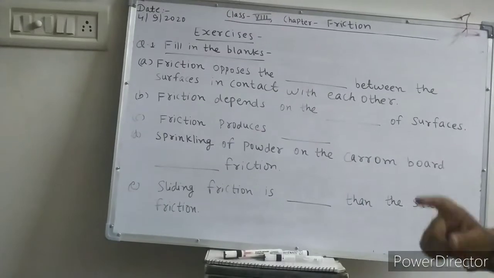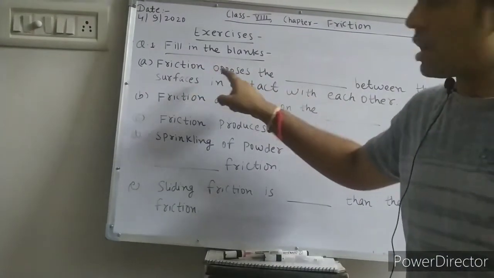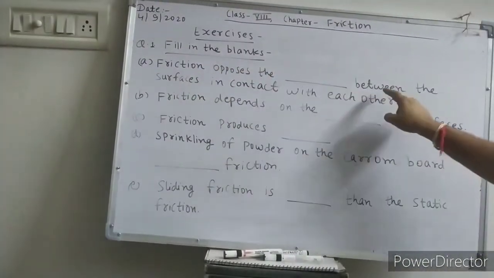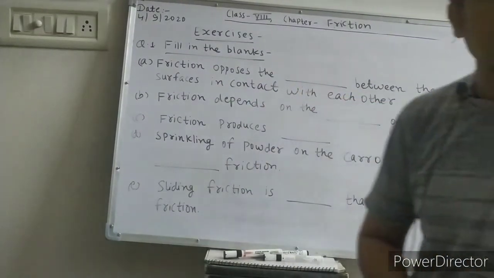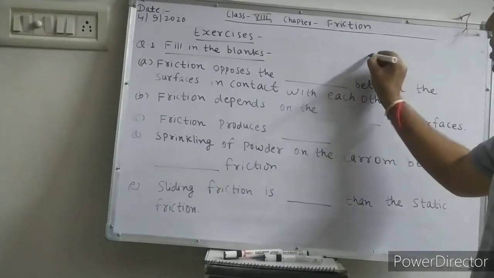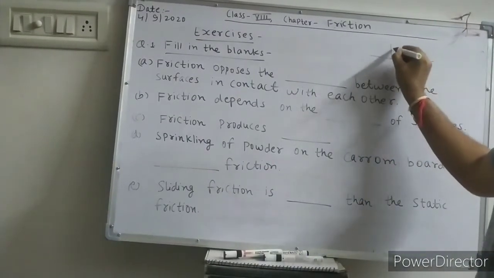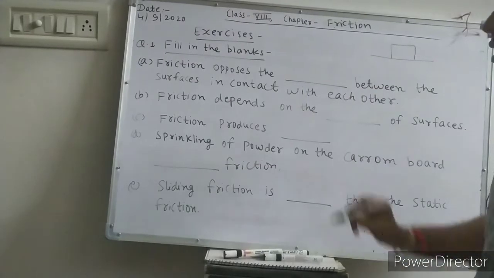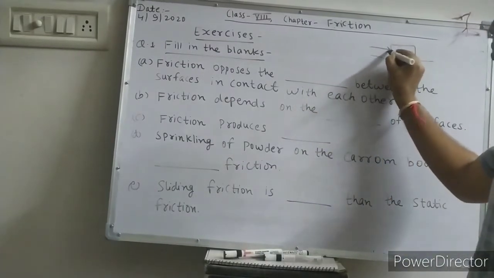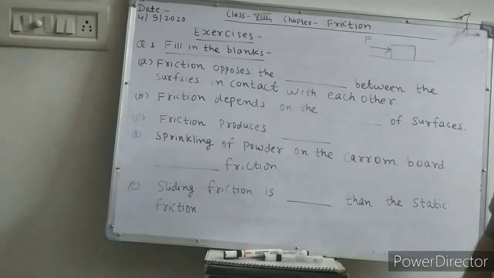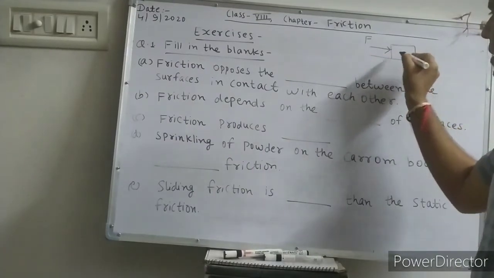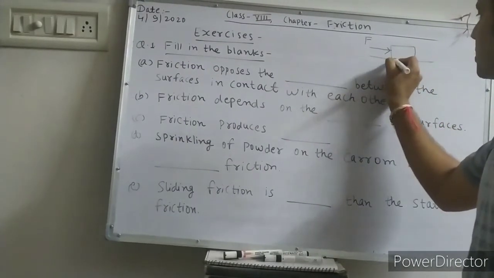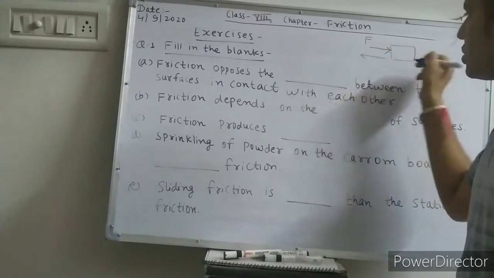So first question is, friction opposes the dash between the surfaces in contact with each other. Suppose this is an object and you are applying a force F on that object, so it will move, but this surface resists the motion of that object, so a force is applied in the opposite direction.